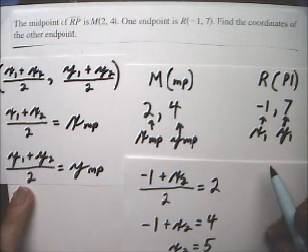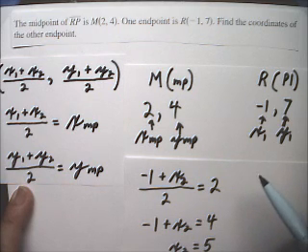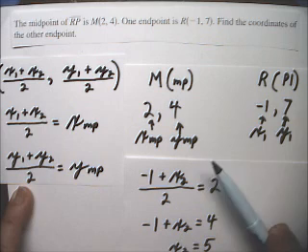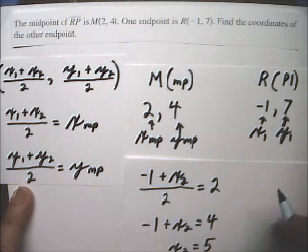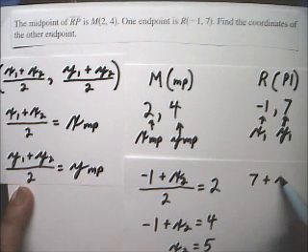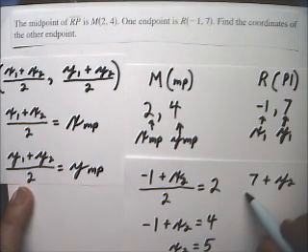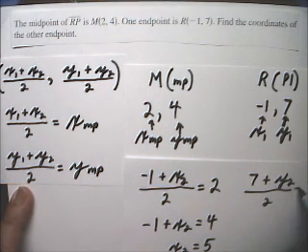And now let's use this formula here, (y1 plus y2) over 2 equals y of the midpoint, to get the other one. So y1 is 7. So we'll have 7 plus y2, all over 2, equals the y of the midpoint, which is 4.